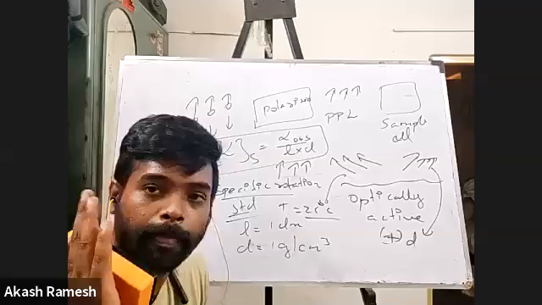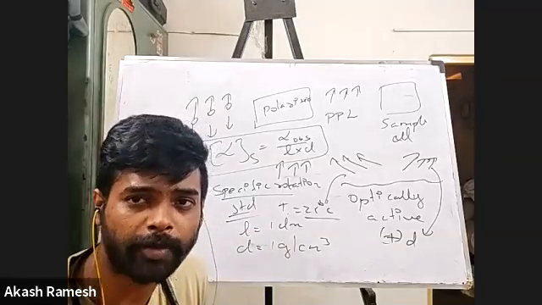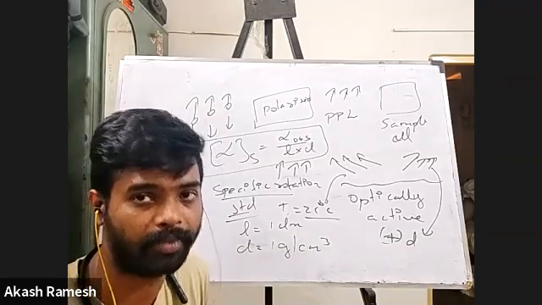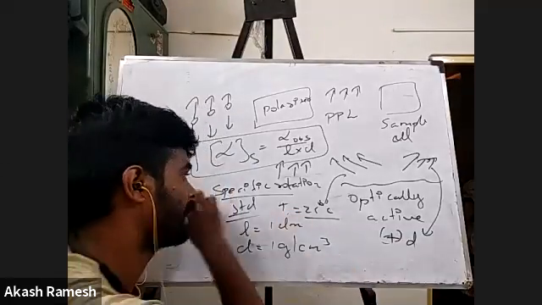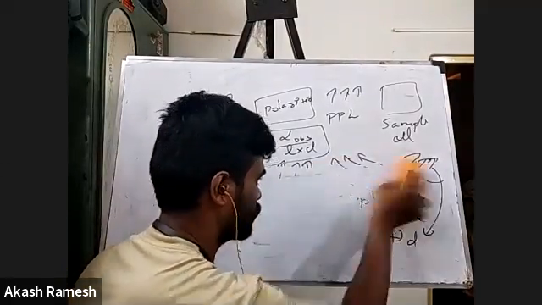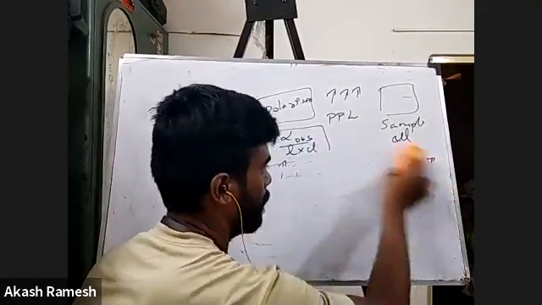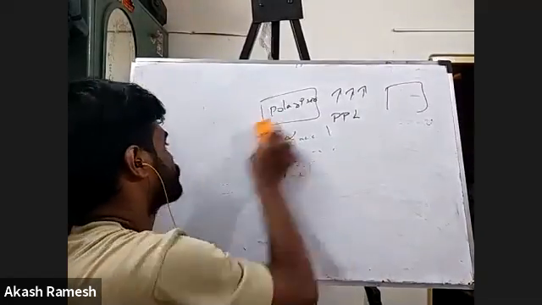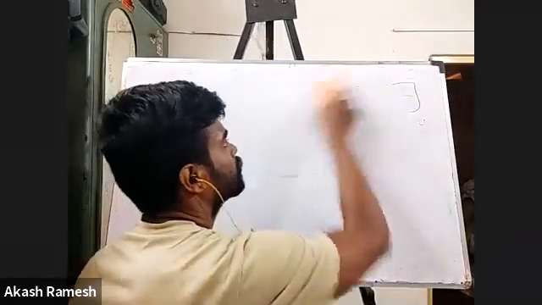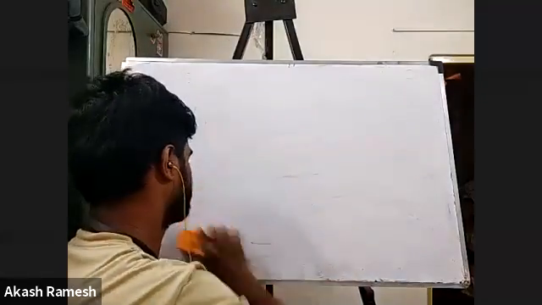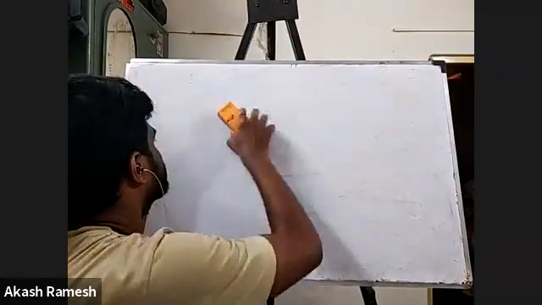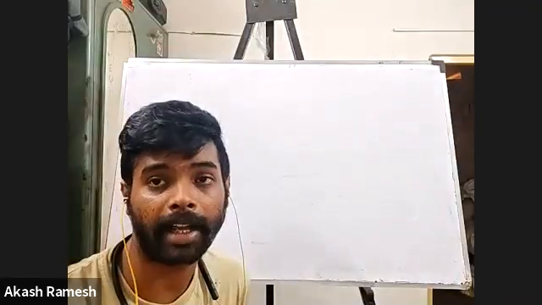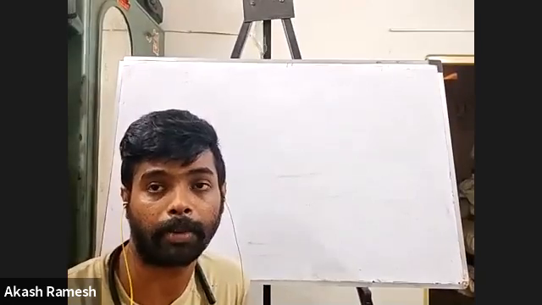So just by looking at the compound, I'll be able to tell whether it is optically active or not. For that, as you said, chirality and those things come into the picture. Fine. As you said, chirality is a condition for us to determine whether a compound is optically active or not.